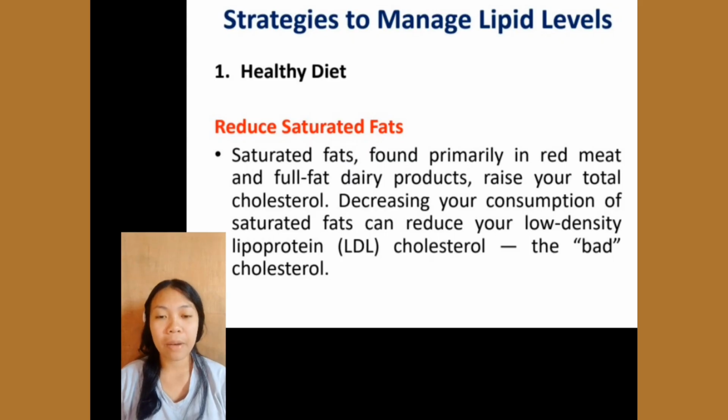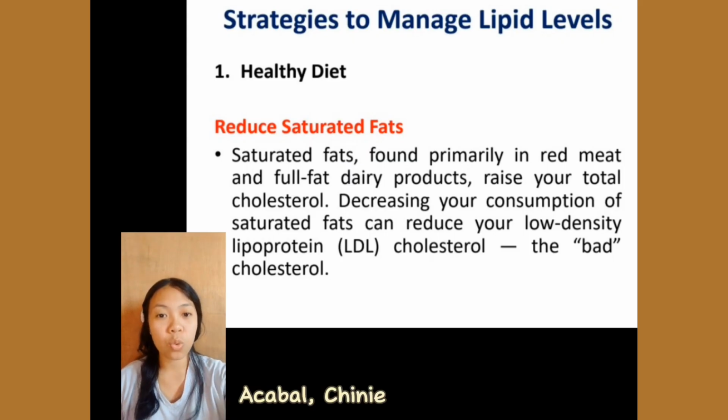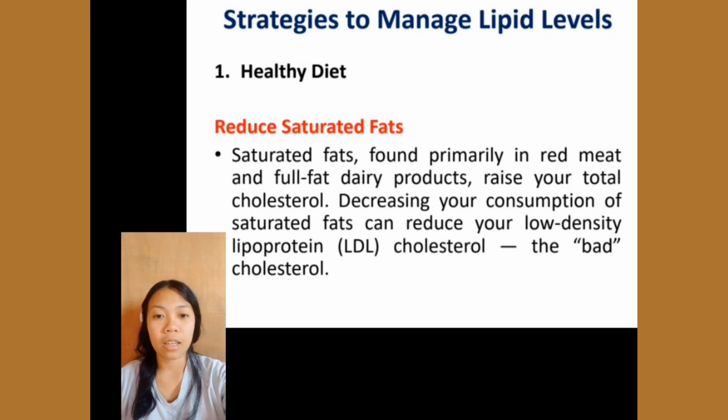So I am Shini Kabal and I am going to discuss the strategies to manage lipid levels. First is the healthy diet. When it comes to a healthy diet to manage lipid levels, first is to reduce the saturated fats.